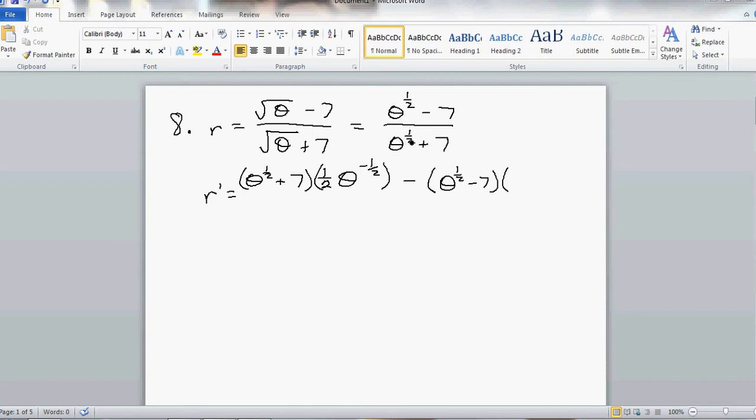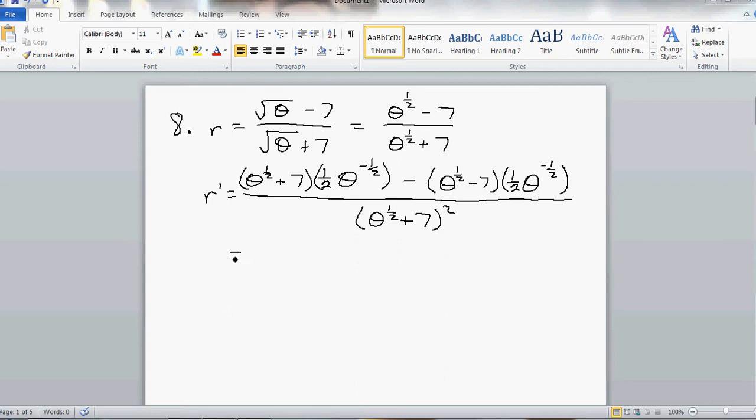Well, d ho would be 1/2 times theta raised to the negative 1/2 power. And notice in both cases when I took the derivative, the 7's are constants, so they are 0, all over ho, which is theta raised to the 1/2 plus 7, quantity squared.